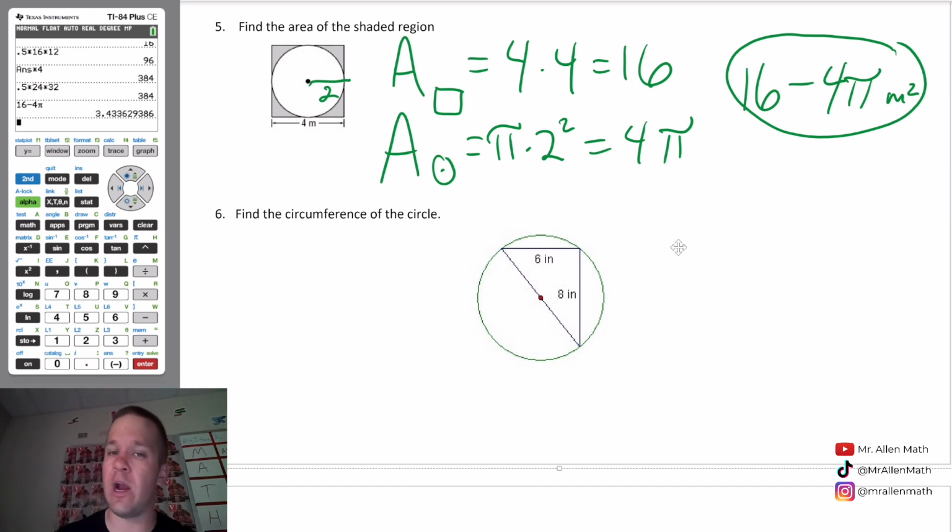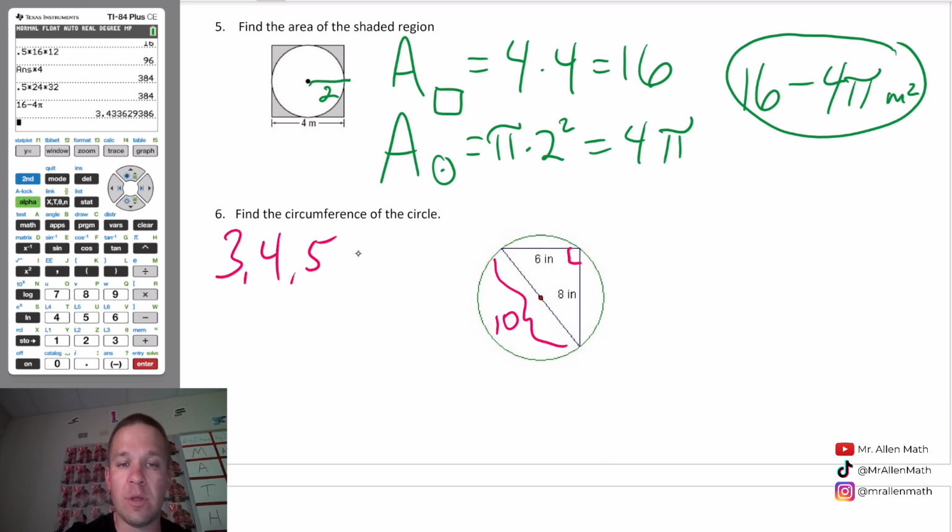No negatives for area. All right, here we want to find the circumference of the circle. Fun fact for those of you that don't know, this is going to be a right triangle because it's inscribed in a semicircle. So I can hit it with some Pythag to get this side. It's a 6, 8, 10 triangle. That's my 3, 4, 5 triple times 2, so all the sides get doubled.